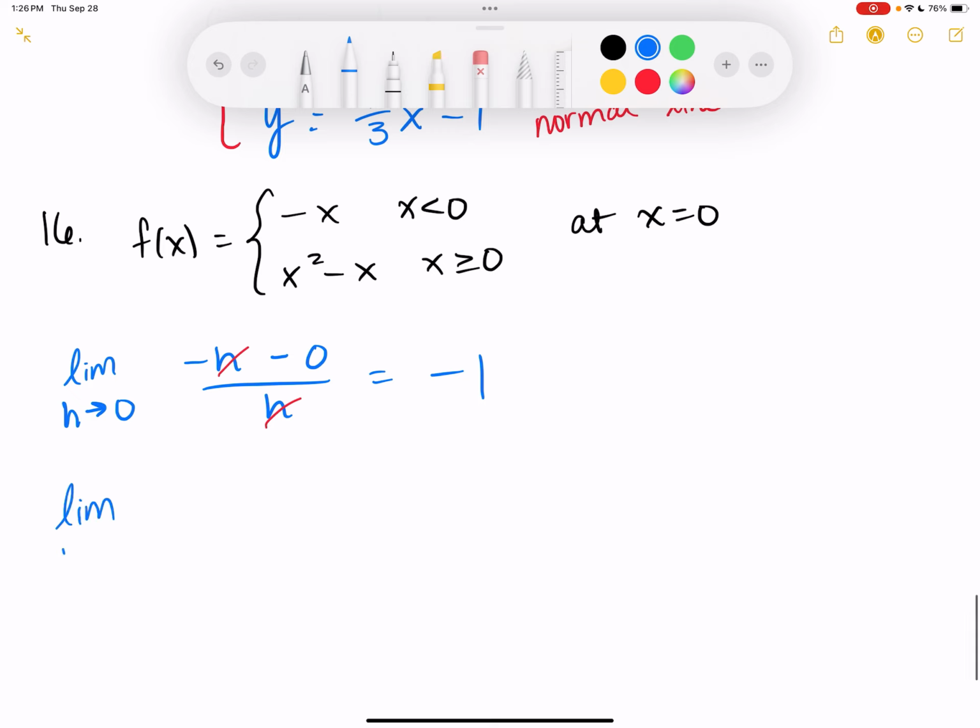So the limit then as h approaches 0, so now I have a little more to plug in, but a plus h is still h, so h squared minus h, minus, evaluated at 0, it's just 0, over h. It's getting blurry. Let me fix it.